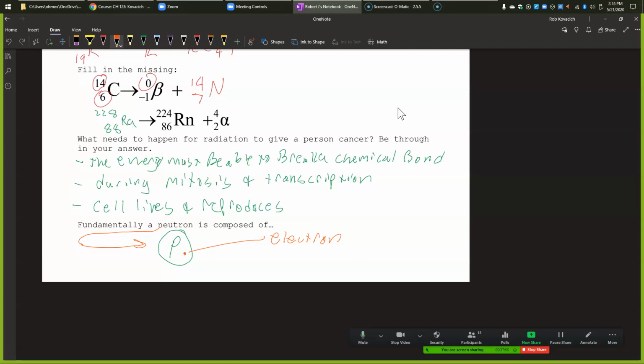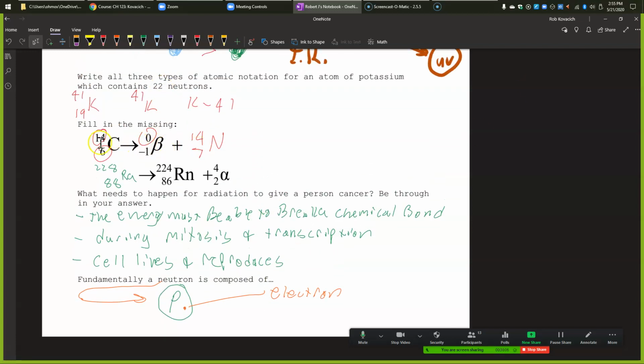When they come together to form a neutron, I get no charge, which is the source of your beta particles when they come out of the nucleus, which was this example right here. Carbon-14, which is radioactive, releasing a beta particle. So this neutron loses its electron. So now this thing is gone. And now I've got a plus charge. So I went from a +6 to a +7, and I made myself some nitrogen.